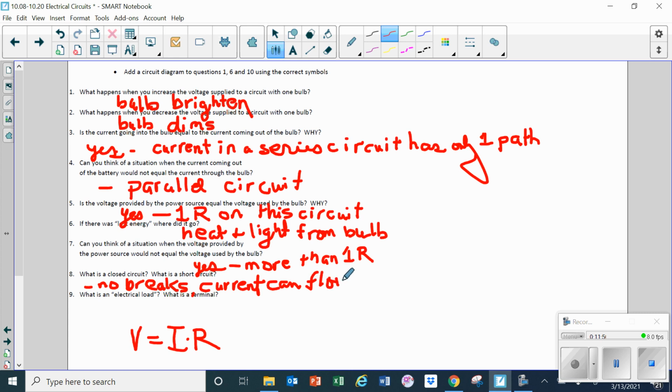And I'm going to show you what a short circuit is in a minute. I will come back to that, but I'll give you the definition. A short circuit, this is a closed circuit. A short is a circuit with little or no resistance.